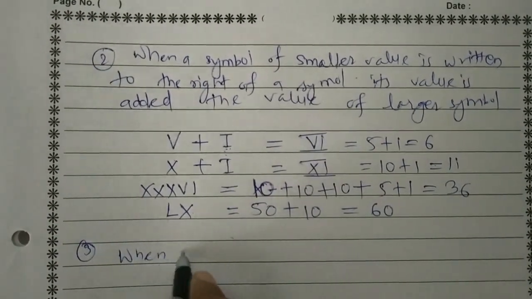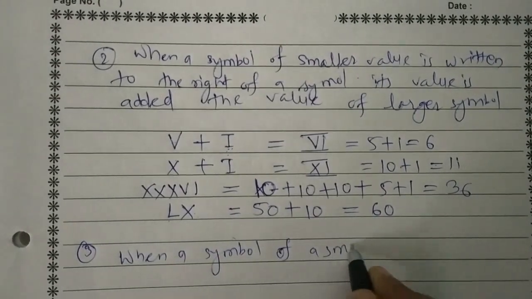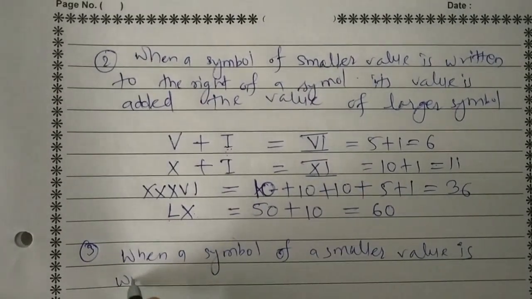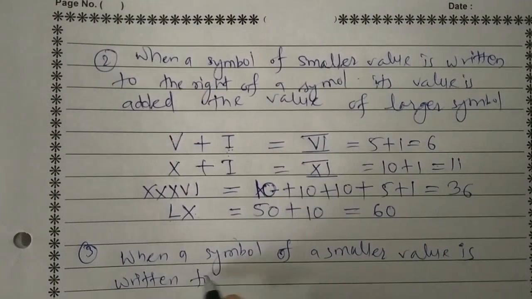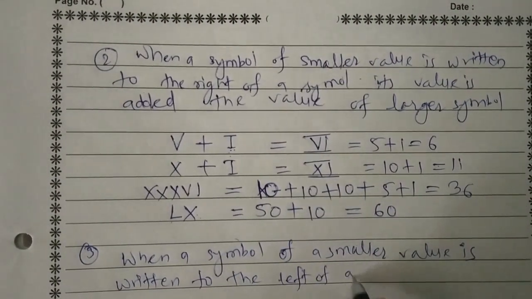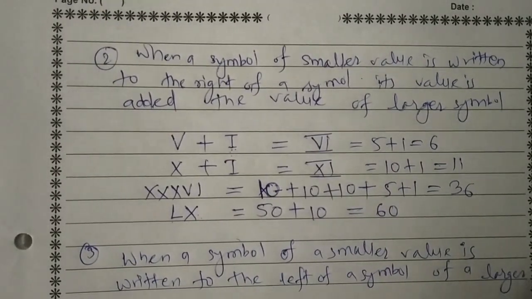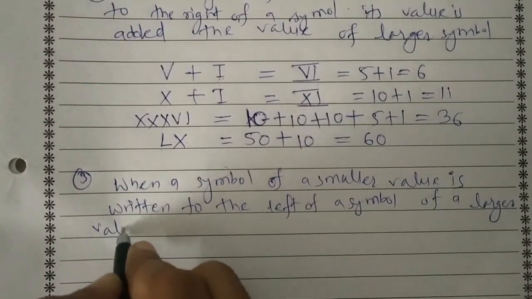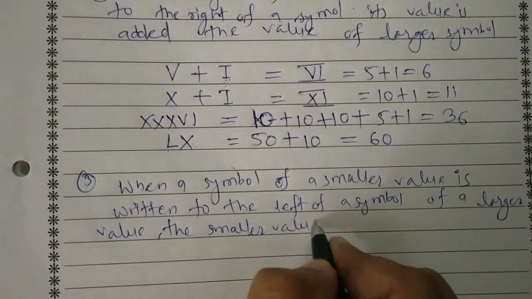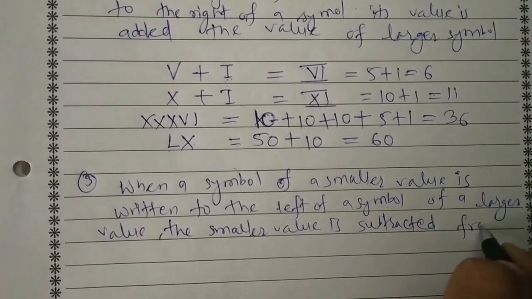When a symbol of a smaller value is written to the left of a symbol of a larger value, the smaller value is subtracted from the larger value.